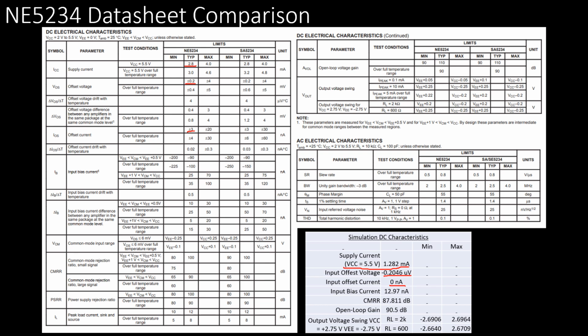The input bias current, which is the current that enters through the inverting and non-inverting inputs, was about 12.97 nanoamps. Ideally, this would be 0.